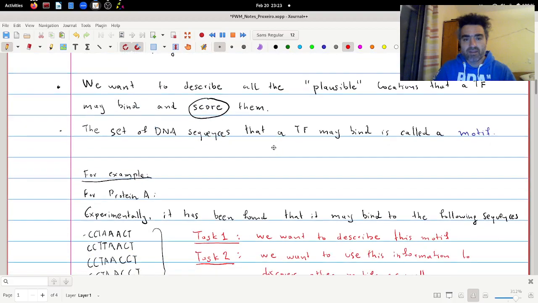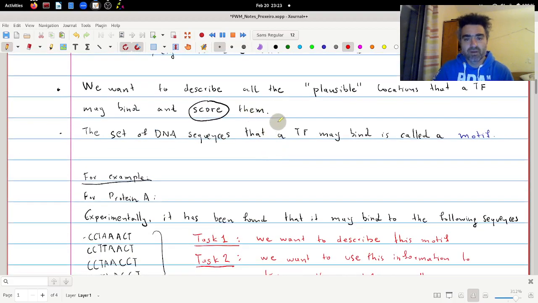Now our task is to describe all the plausible locations that the transcription factor may bind and assign a score in these locations, in the sense that the higher the score, the more plausible it is that the transcription factor will bind there.